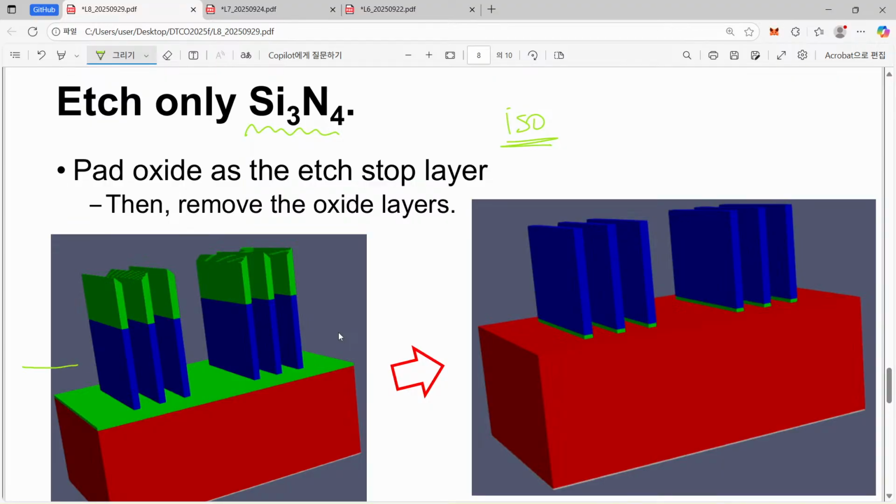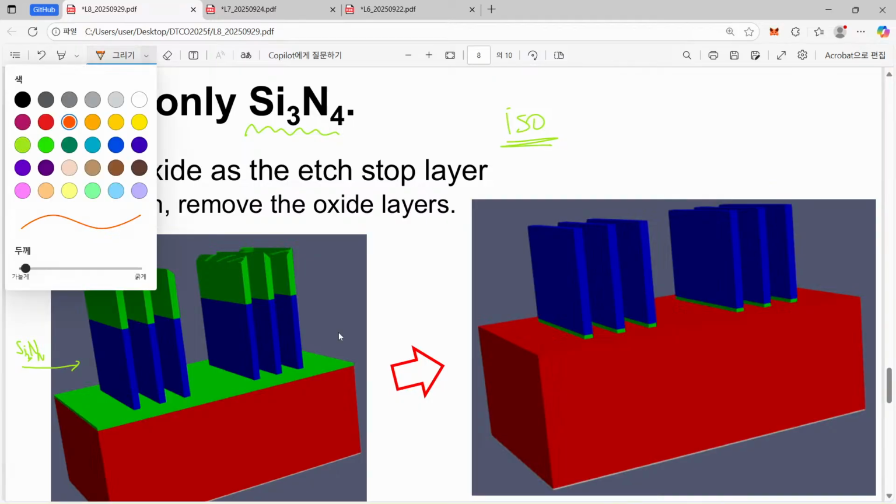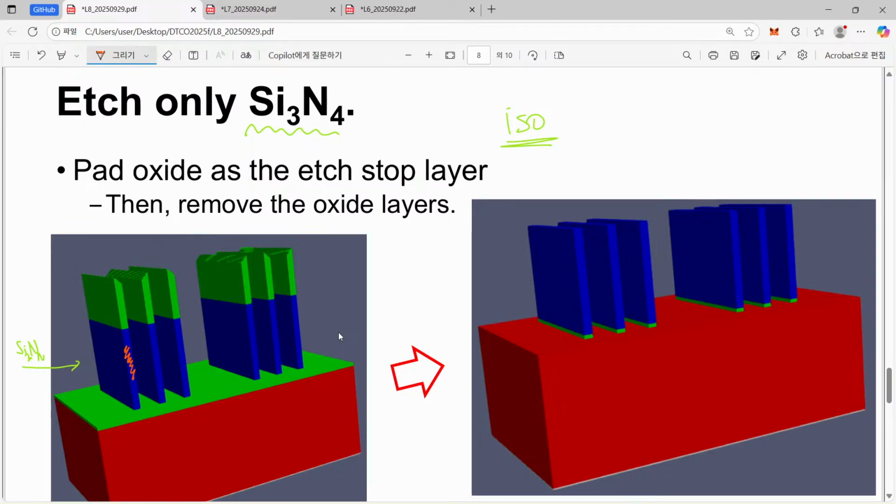Previously this part was filled with silicon nitride, but that is gone, and only the part underneath this silicon dioxide layer was saved because our etching was really anisotropic, and this saved our hard mask patterning.